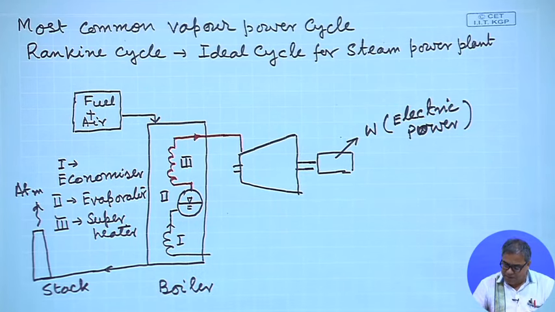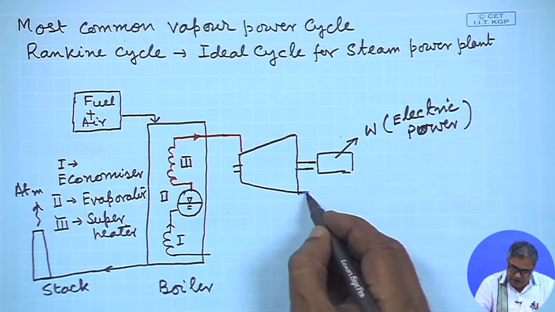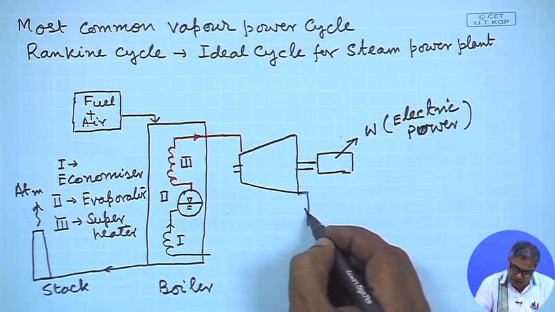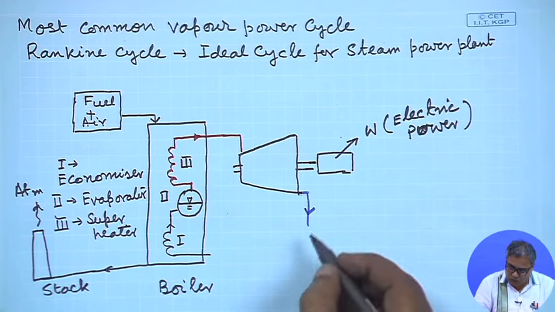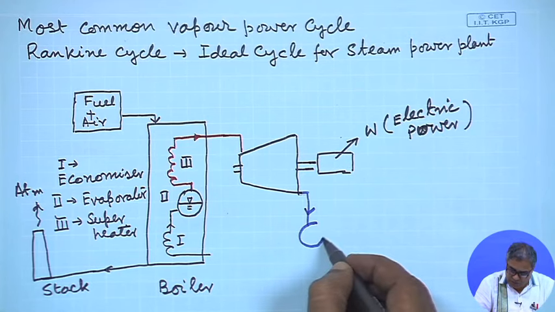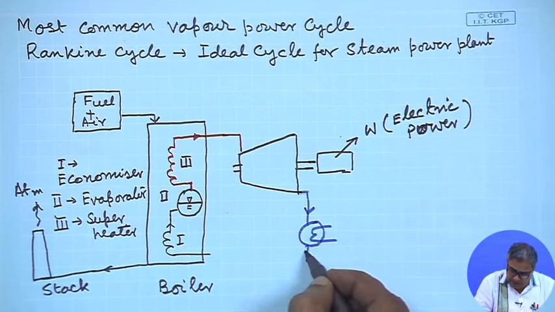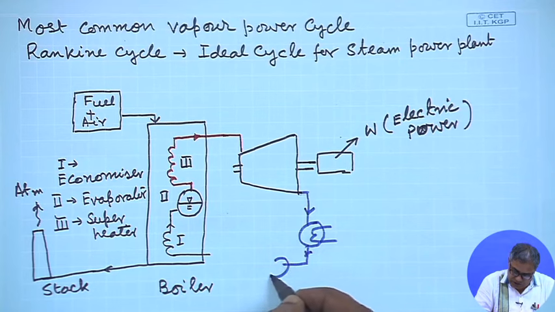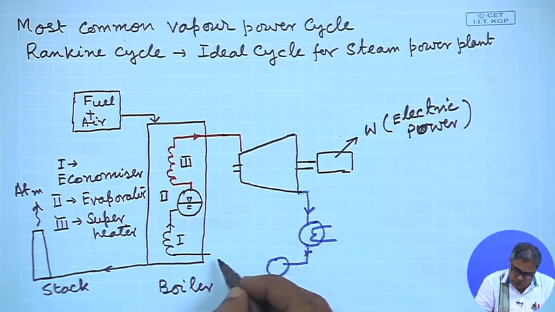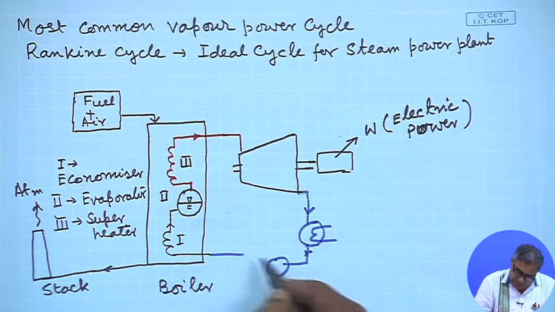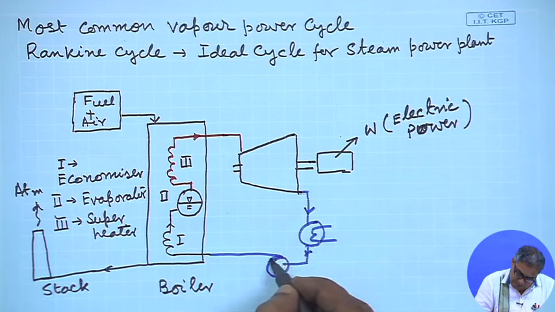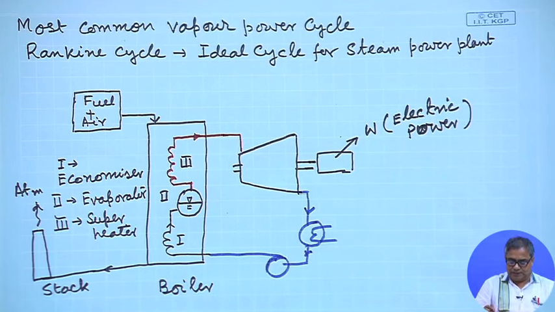And then what happens to this steam? At the end of the turbine, the steam is at low temperature and low pressure. So, this steam is now condensed, and the condensate, which is in liquid condition but at low pressure, is pumped with the help of a pump to send it again to the boiler.